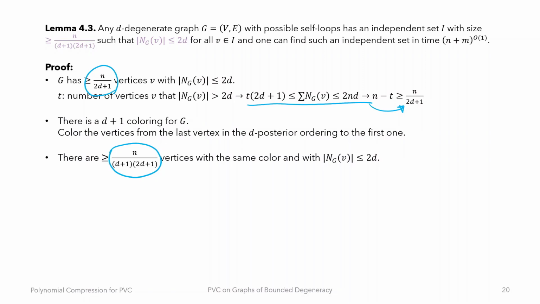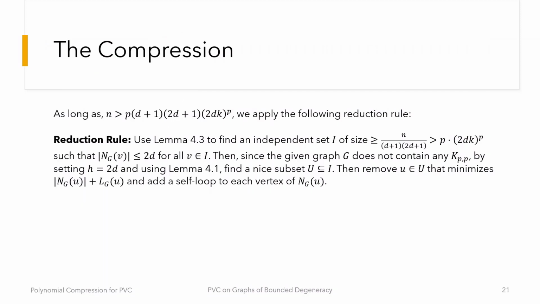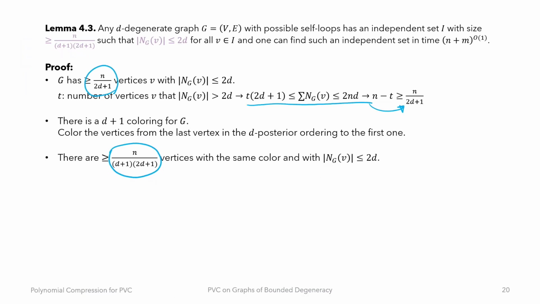As I said, we just consider the coloring, and we consider all vertices with degree at most 2D, and that's it. So we are done with the proof. Now we know that in the degenerate graph, we have a large enough independent set in which all vertices have degree at most 2D.